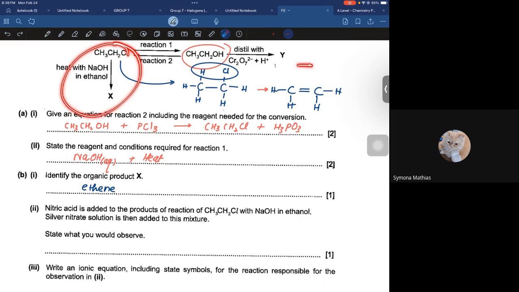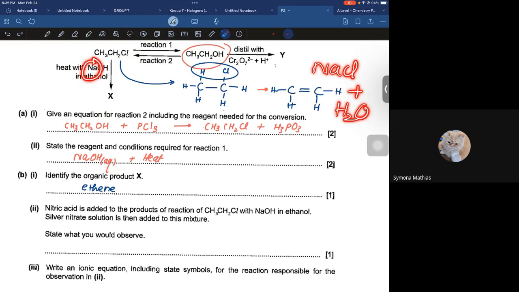So in this reaction, NaCl is produced, and also water is produced, because your sodium has reacted with this chlorine to make sodium chloride, and your OH has reacted with this H to form this water molecule.